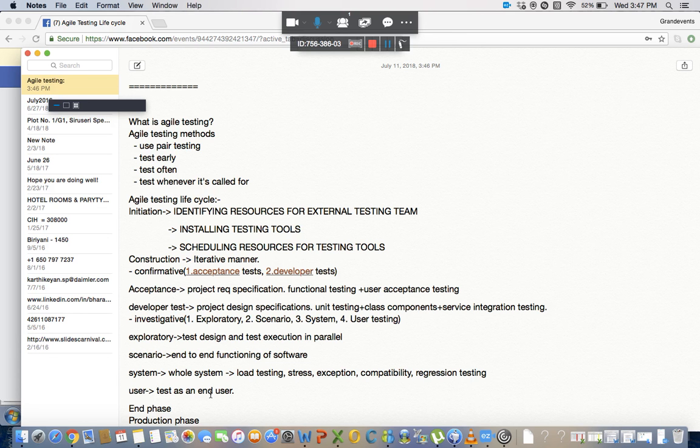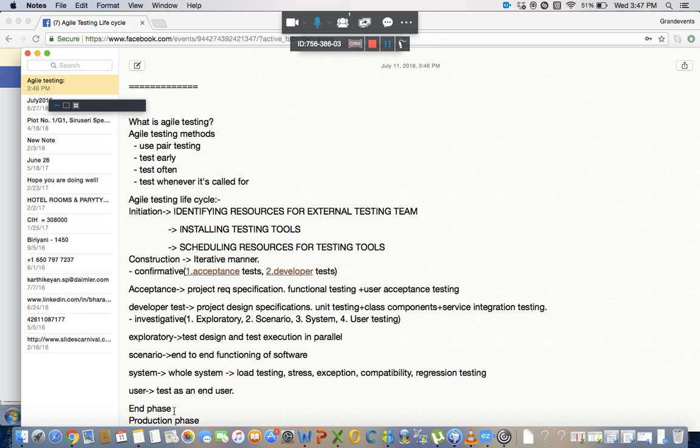The next is user testing. The tester has to test keeping in mind that they are an end user, and the scenarios which the end user covers should be tested here in user testing.